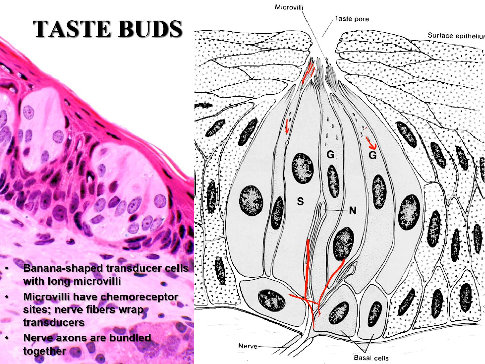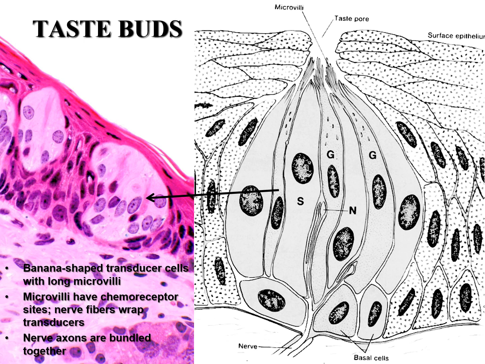As you can see here, in this space we have the taste pores, and inside it we have the microvilli. Sometimes they call it the taste hair. Any material to be tasted has to dissolve in saliva, then it has to be taken up by microvilli, and these cells are going to transform it from chemical into neural stimuli. As I said, they are banana shaped.